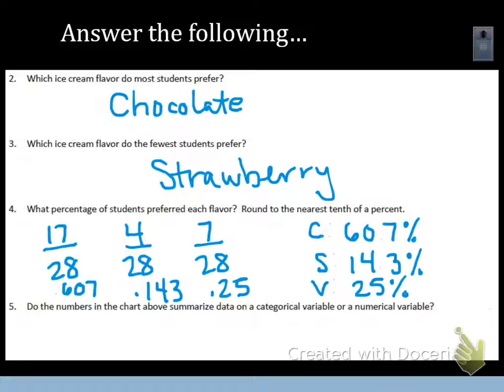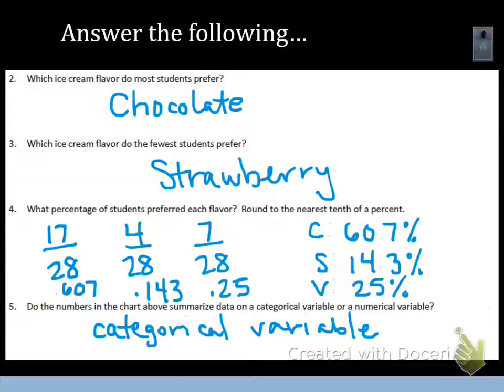So I would say here that the numbers summarize a categorical variable. Okay? And that is because it represents categorical data. It does not represent numerical data. Okay? Because it's based on a category of chocolate, strawberry, and vanilla.